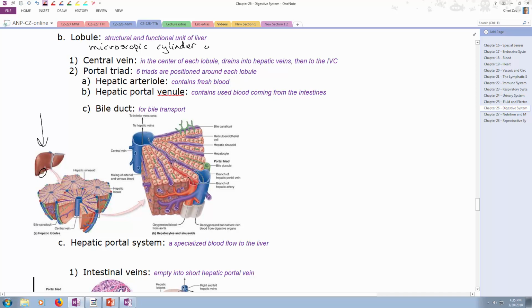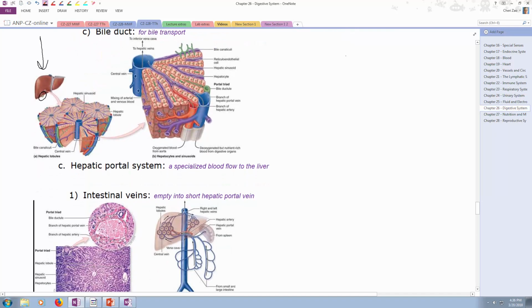It's going to be composed of hepatocytes, and they are going to be radiating around a central vein like spokes in a wheel, a bicycle wheel. And so let's take a look at the cartoon and then a little bit of the histology view of that situation.